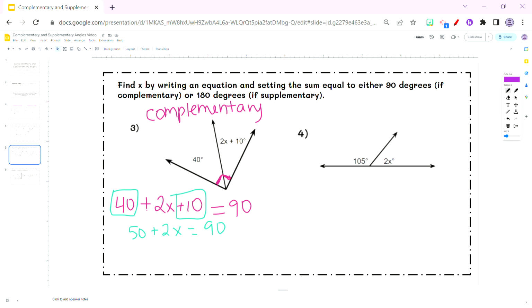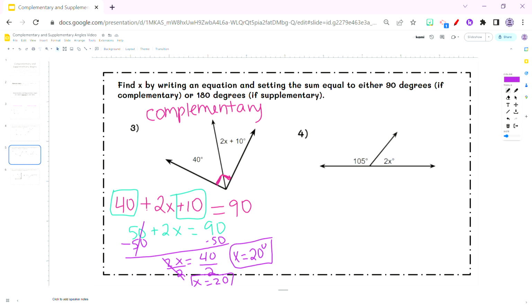Now I'm going to solve by subtracting 50 on both sides. We have 2x is equal to 90 minus 50 is 40. Then we're going to divide both sides by 2. And now we have here x is equal to 20. I'm going to just rewrite it on the side here. X is equal to 20 degrees.